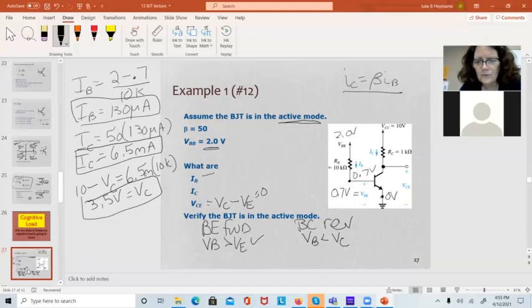And the base voltage, or we could add an E to that, that's like subtracting VE from both sides, which is 0 anyways. VBE is 0.7. We assume that. Our VCE is 3.5 minus 0 is 3.5 volts. So that checks out. We are in active mode.